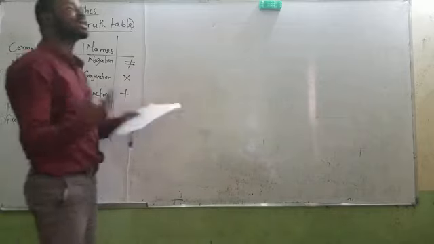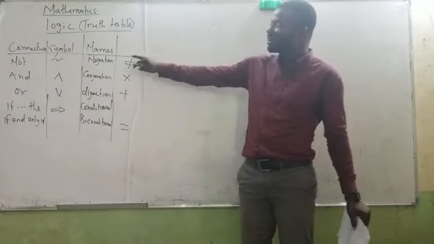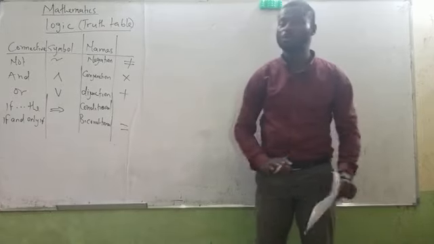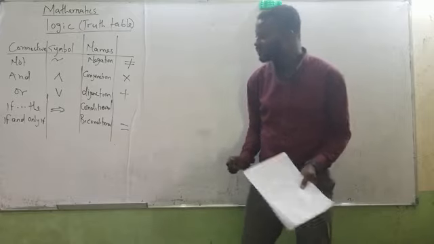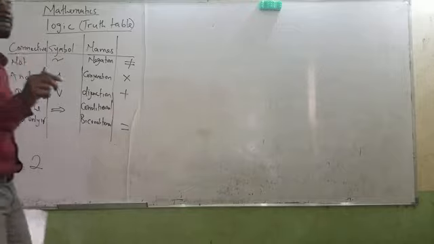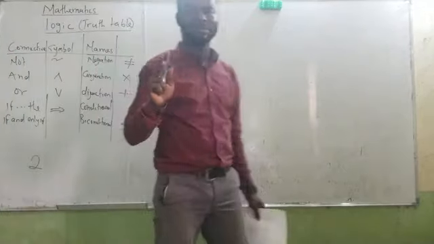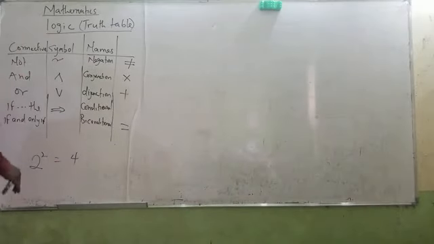For us to generate a truth table, note this is very important information. These are what we're going to ask you. Once you understand all this, you'll be able to solve any problem on truth tables. If it is P and Q, it means raising to the power of 2, which is 4, so you have 4 arguments.